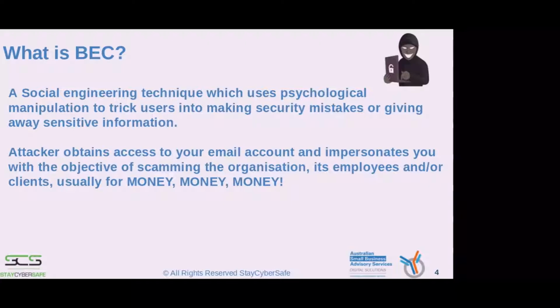And this sensitive information will be used by the attacker to gain access to your email account, and those attackers will try to scam you. The main objective of scamming you is usually money, as you know. And by scamming you, they will even scam your employees or clients, whoever they can, just for the main objective of getting money out of you.